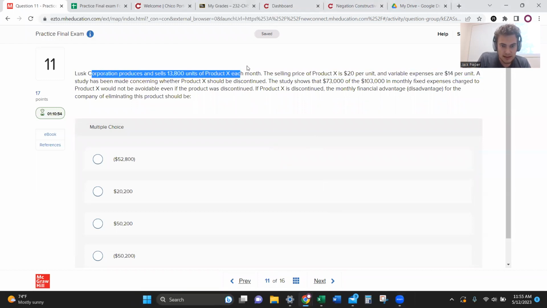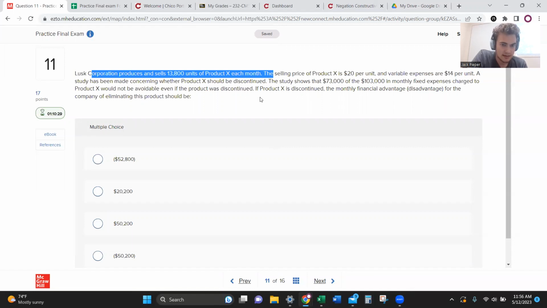The corporation produces and sells 13,800 units at $20 per unit, with variable expenses of $14. The fixed expenses charged to product X would not be avoidable. Okay, so first let's find our contribution margin. We can do $20 selling price minus $14 in variable cost. We get 6.